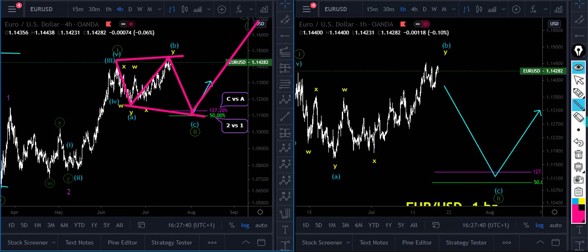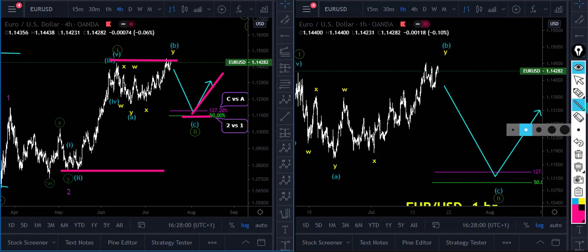At the same time, that gives us a fib relationship of 50% of waves 1 and 2 starting from here. At this level, we are going to get a 50% here. So we are looking at, if we get a downward move, price returning from here. So this is ready this week.